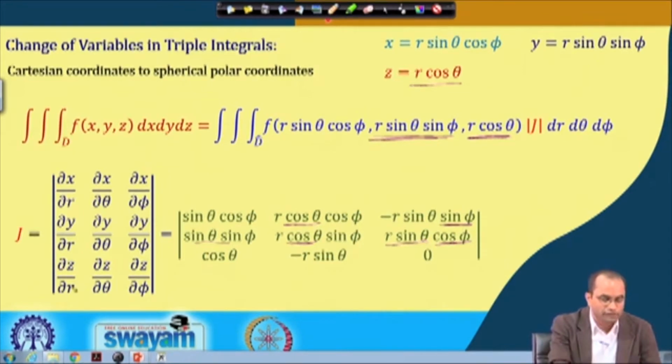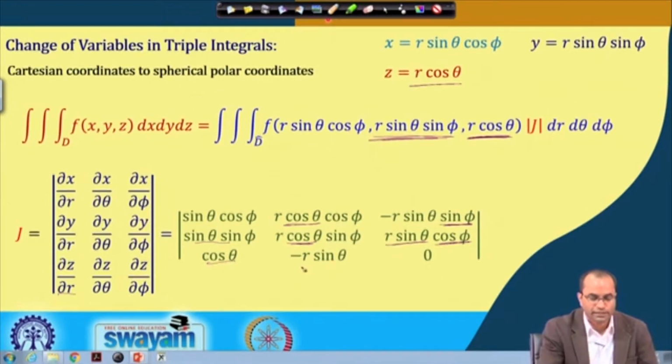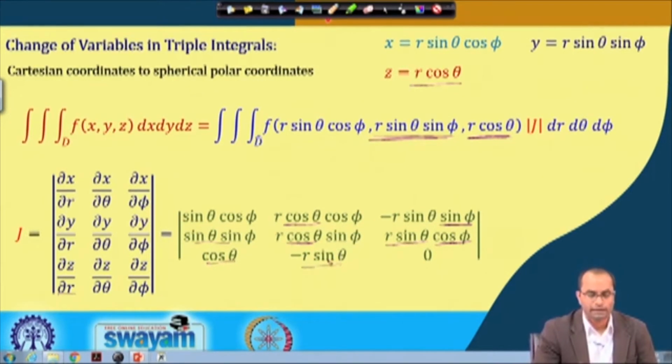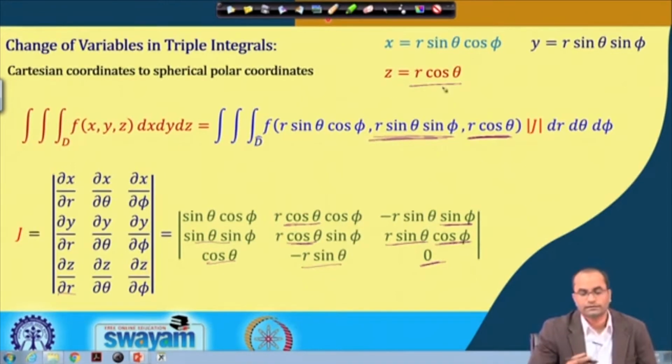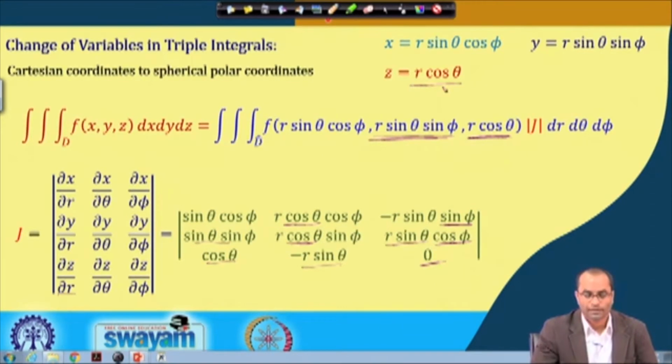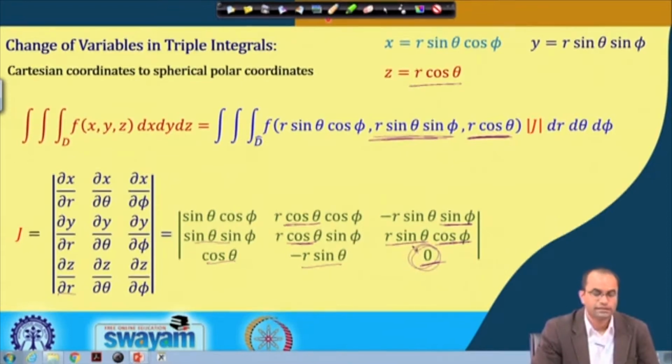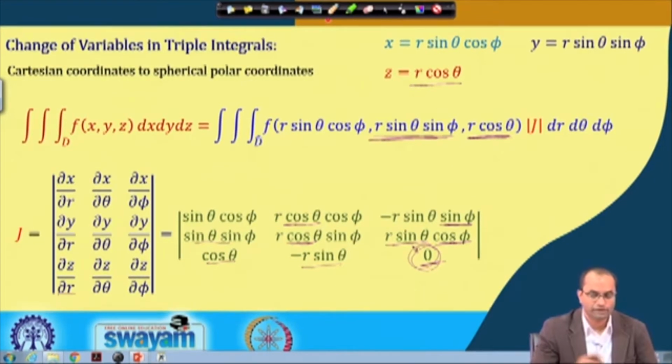Similarly, with respect to z, with respect to r we will have cos theta here, and with respect to theta we will have minus sin theta, and the r will remain as it is. And then we have z with respect to phi. So, z does not have phi, it is z equal to r cos theta, and therefore we have 0 here, because there is no phi term in z. So, del z over del phi will be 0.